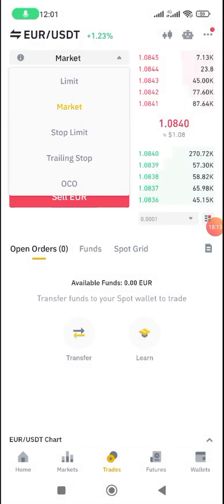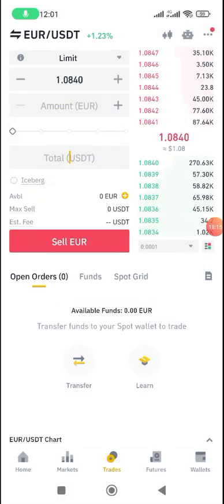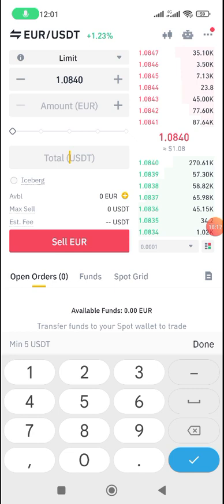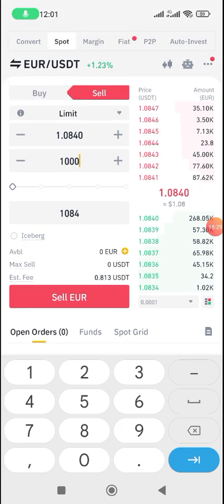So I'll put it on limit. 1,000 euros gives us an additional profit of 84. You get 84 USDT. Because 1 euro is equal to 1.08 USDT, but as of today it has even grown to 1.23.